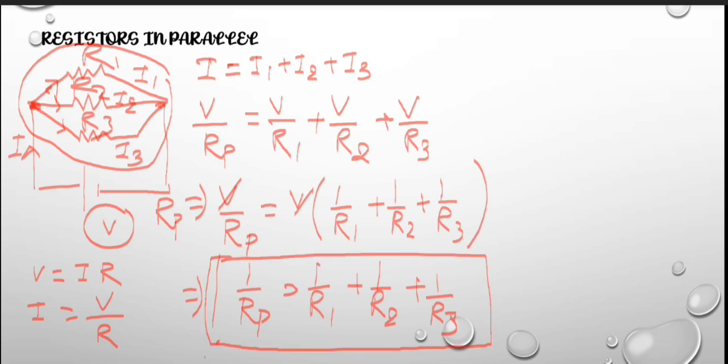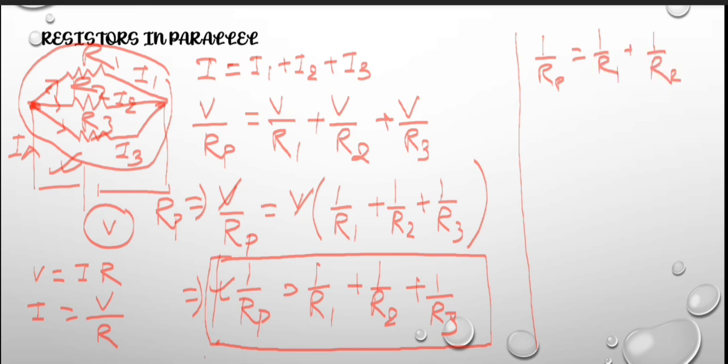So students, here we have the formula 1 upon Rp. This is not the equivalent resistance. If we take the reciprocal of this, then we will find Rp. Then we have to solve this also. Then we will get the equivalent resistance of the resistors connected in parallel. Suppose we have two resistors, that is 1 upon Rp will be equal to 1 upon R1 plus 1 upon R2.